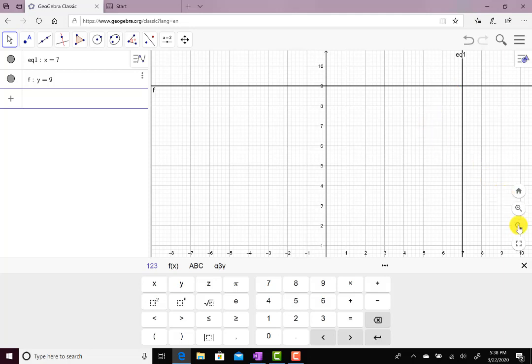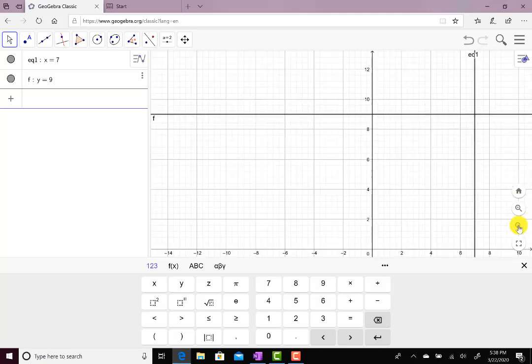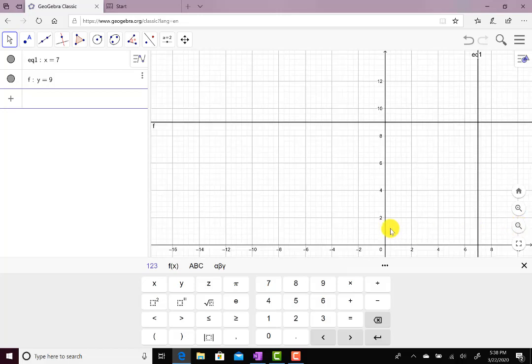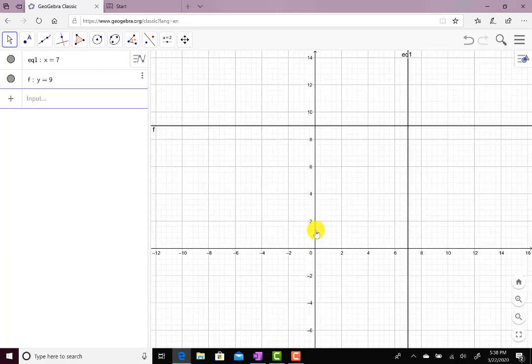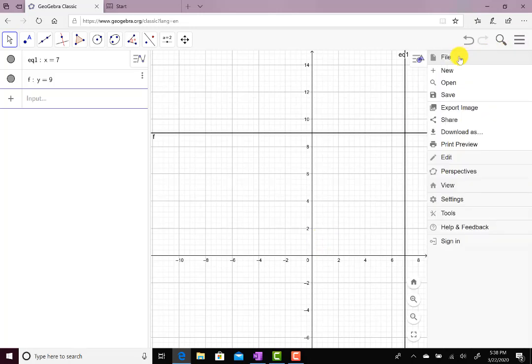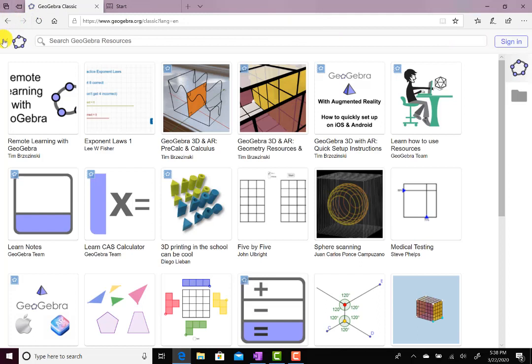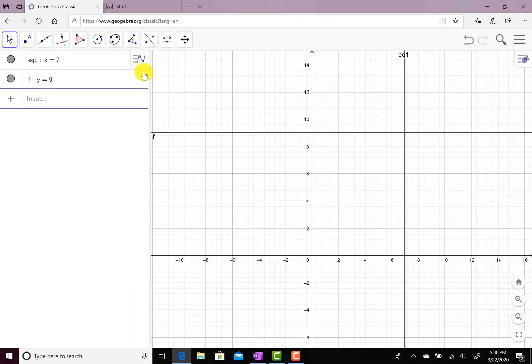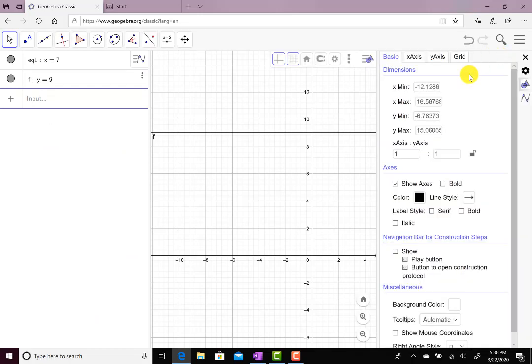Let me zoom out a little bit. There's a little more that I want to do as far as the setup and everything. Oops, didn't mean to do that. I think it's in here. Yes, this is what I want.